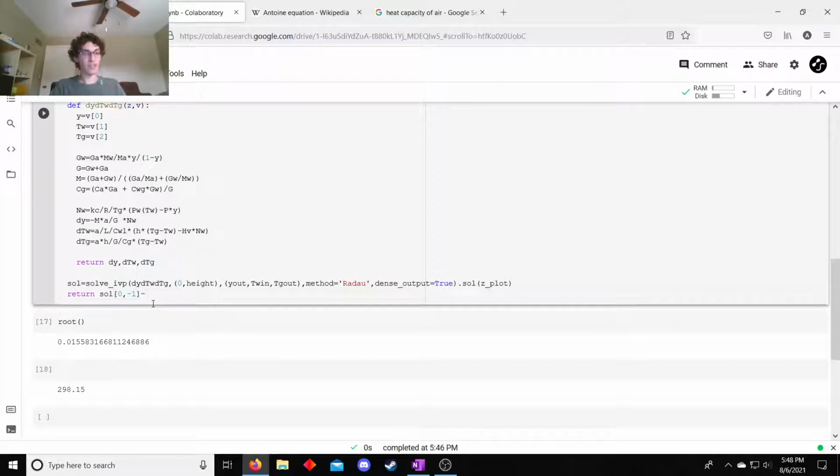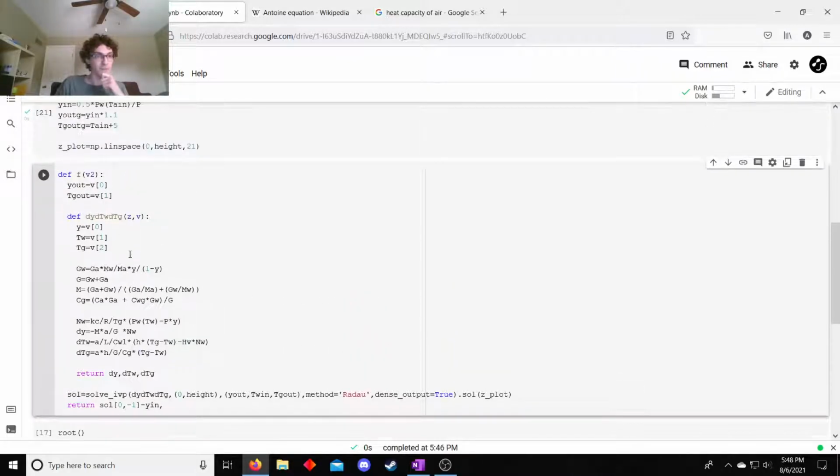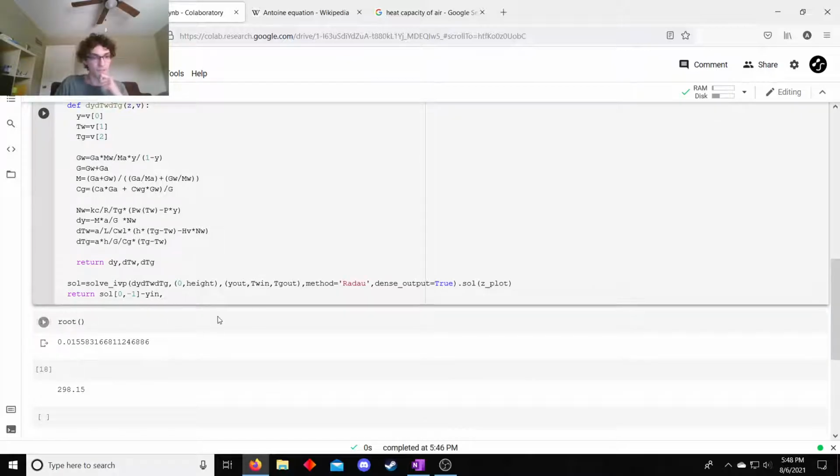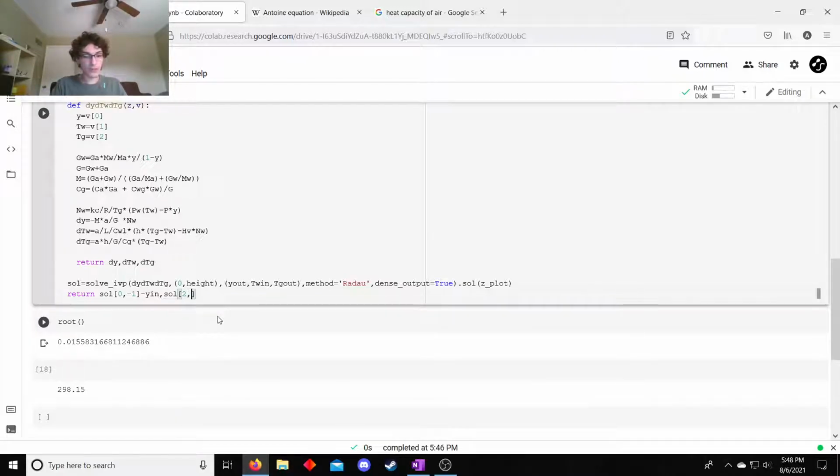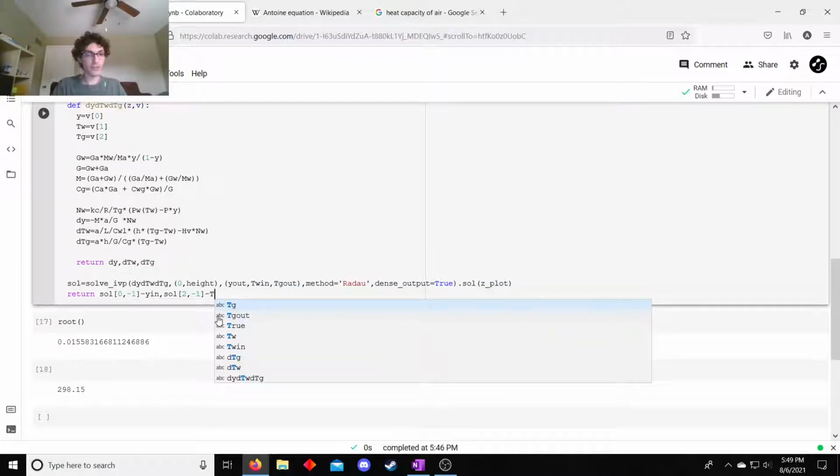So if we say minus yn, then this will be returning something that's equal to 0, because we want this to equal this. It's trying to return 0, and that's the point of the root function. We'll do the same thing for the temperature of the gas. So this will be 2, -1 minus the temperature of the air going in.